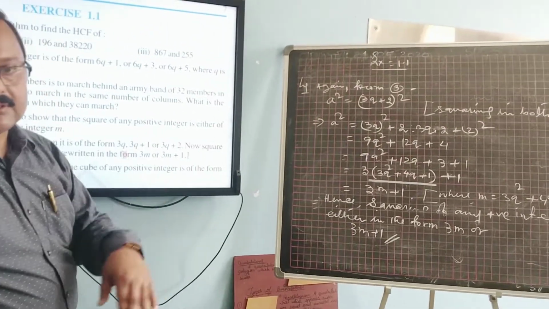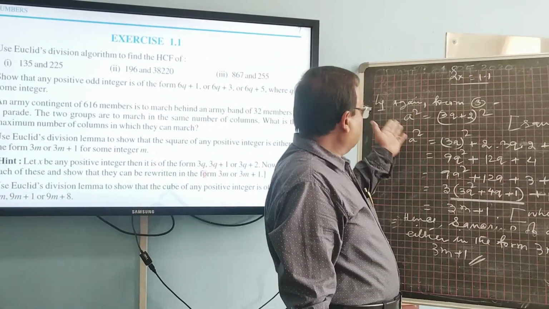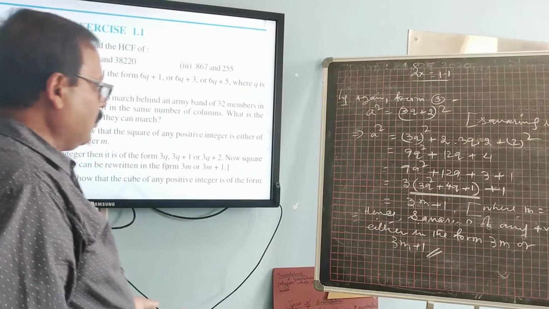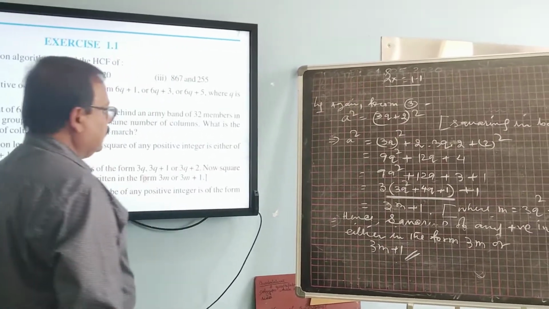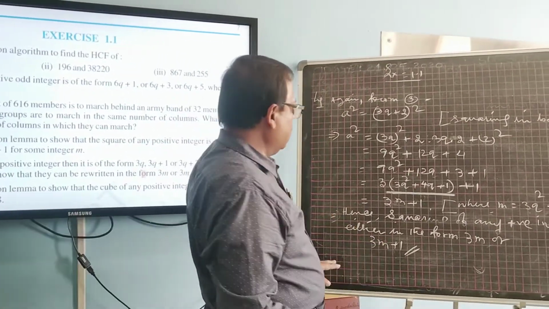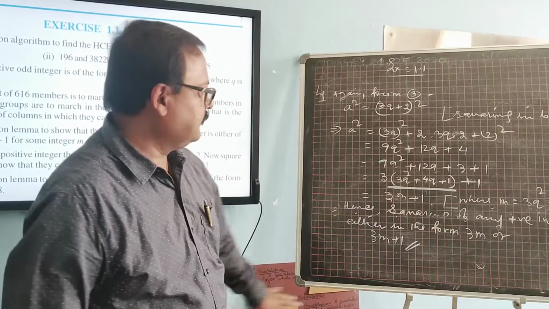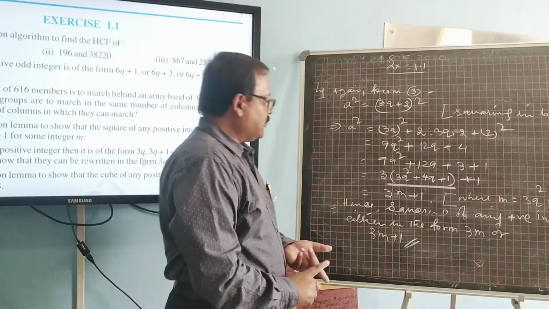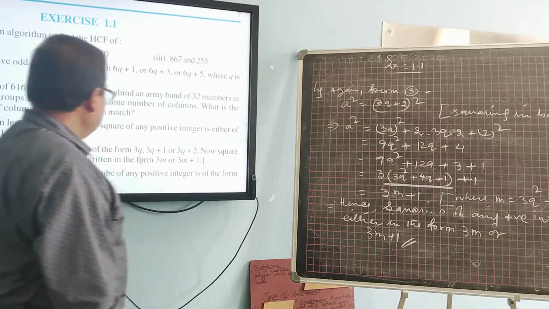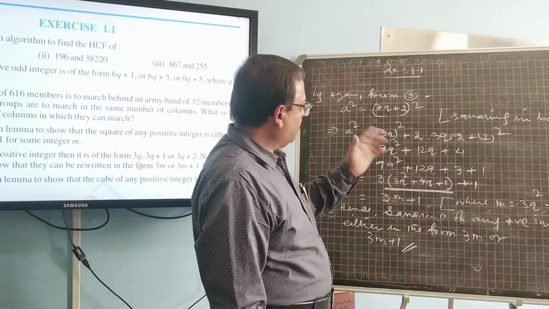First, a equal to 3q; squaring, a square equal to 9q square, and you write 3 into 3q square, where 3q square is some integer. Secondly, 3q plus 1, then you will get 3m plus 1.